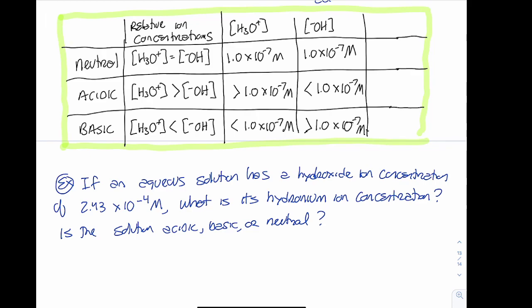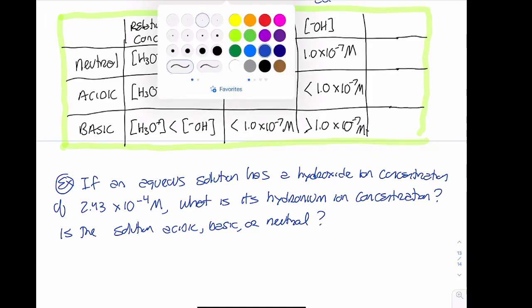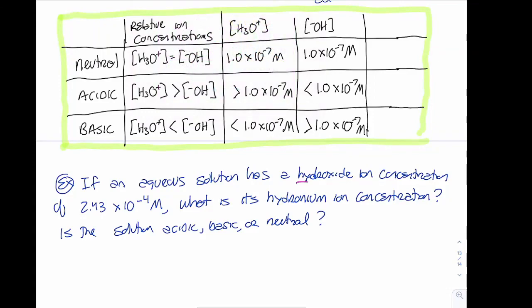I did write hydroxide and hydronium out using words instead of the atomic symbols on purpose. A lot of times on tests and quizzes, that's how I do it. It's just easier to type out the word than to do the symbols with subscripts and superscripts. But a lot of times it confuses people, and I don't mean it to. So just make sure you keep these guys straight.